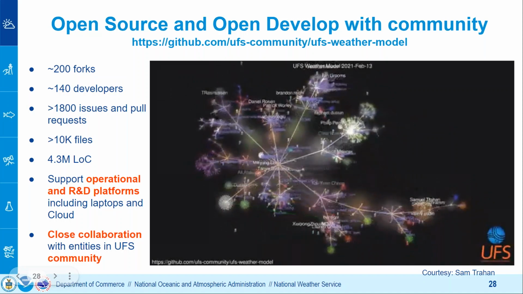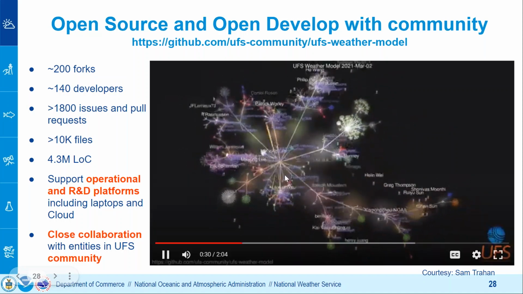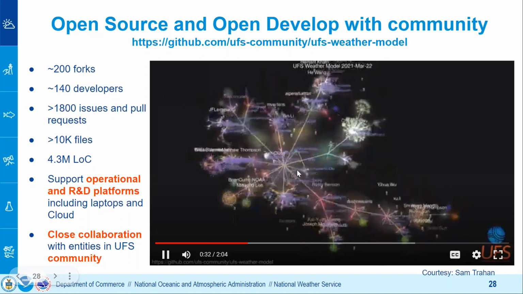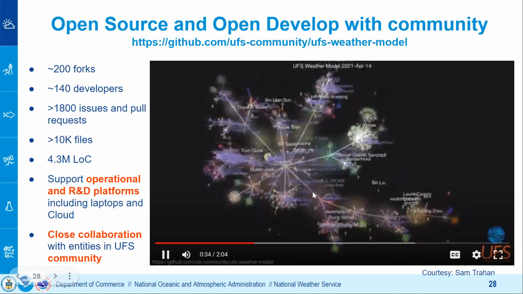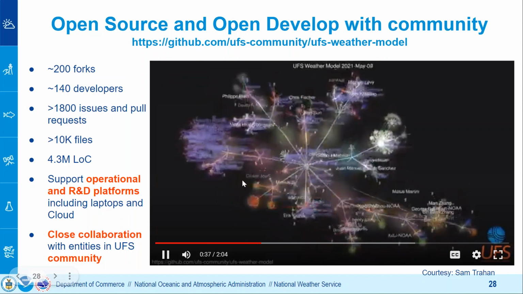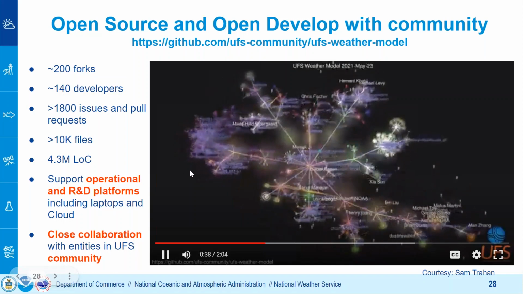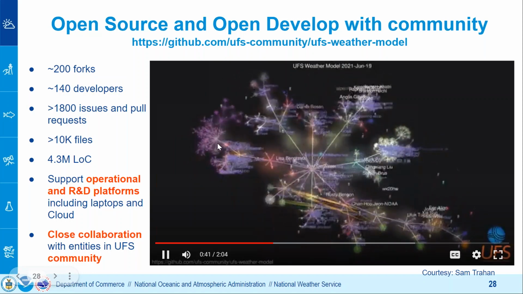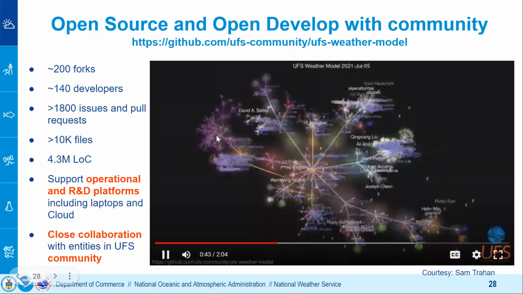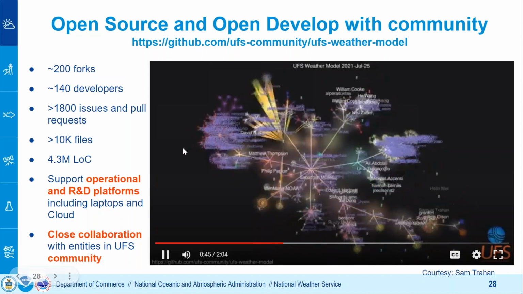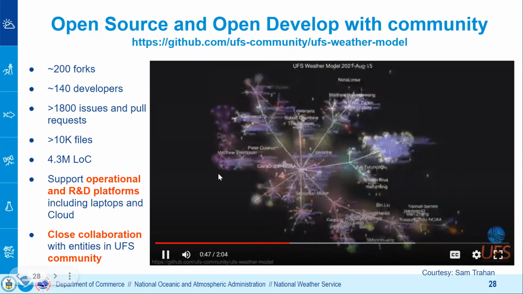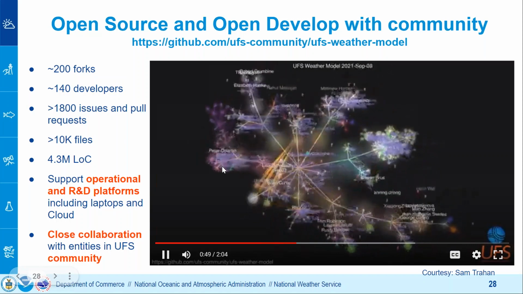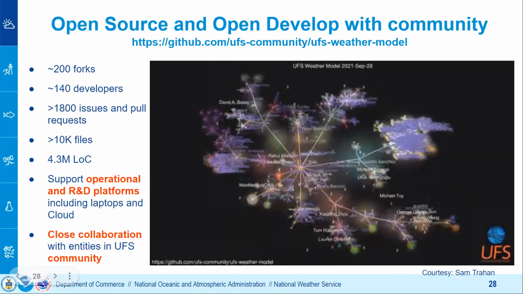Each node you see here is a repository, and the flash or light you see is a commit we made. Every time a new star cluster forms, that's when a new component is added, and you see lots of flashes. That is when we sometimes have big commits coming in.